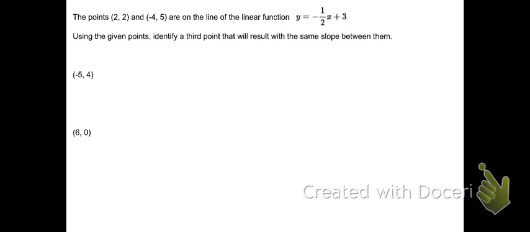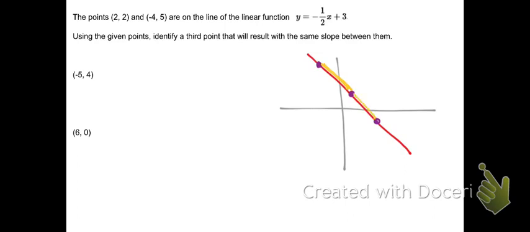So the point we're trying to make with this lesson is that if you have a line and you know two points on the line, these two points, (2, 2) and (-4, 5), let's say, if I find any third point on this line, the slope between these two points is going to be the same as the slope between these two points.